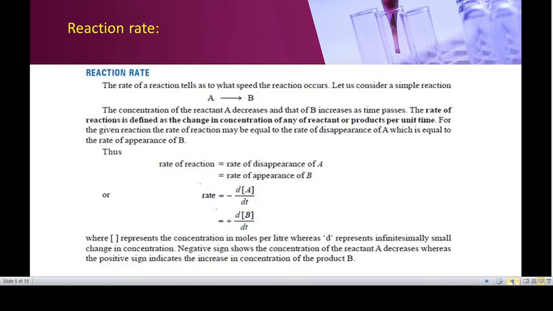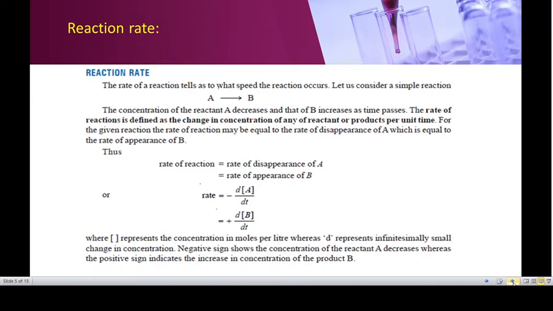Now let us see what is meant by reaction rate. Let us have a reaction where a reactant A gives rise to a product B in a simple reaction. A is the reactant, B is the product. Now obviously, with time, the concentration of A must decrease, so it can be given a negative sign, and the concentration of B must increase, so obviously it can be given a positive sign.